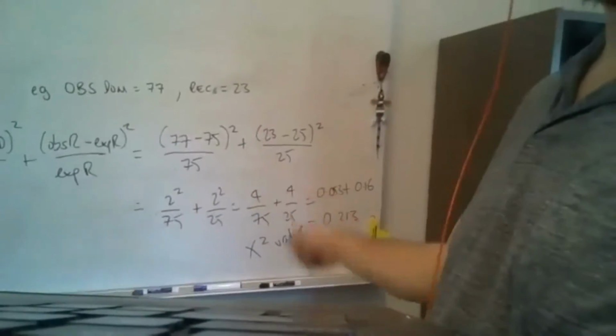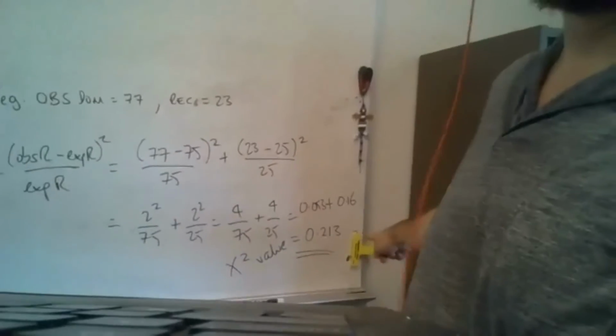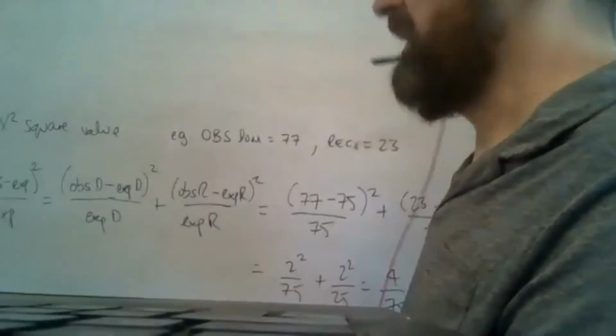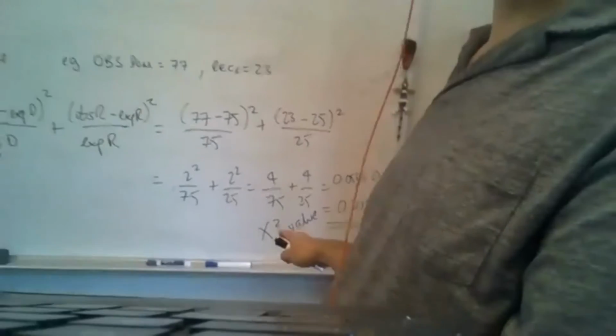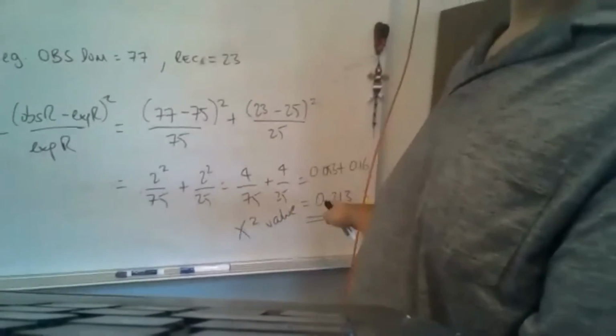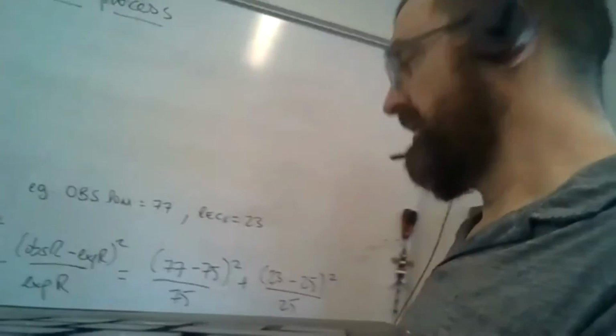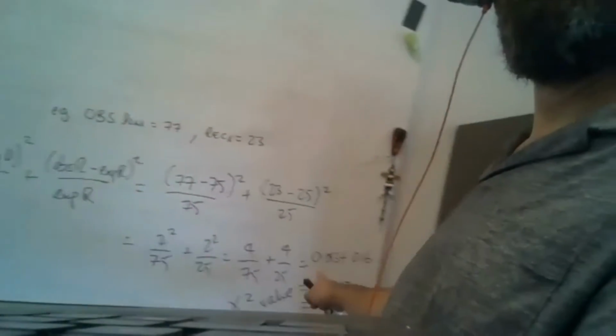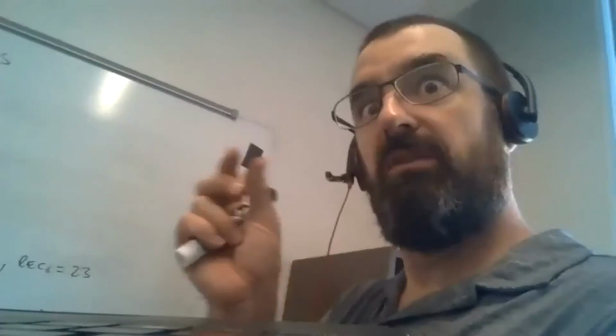All right, so I've left that up there because we're going to be going back to that bit there. Where did my pen go? There we go. Okay, so we've got a chi-squared value, but this on its own isn't enough, right? The reason being is that the more of these calculations you do, the bigger this number is going to be, even if it has the same difference, right?